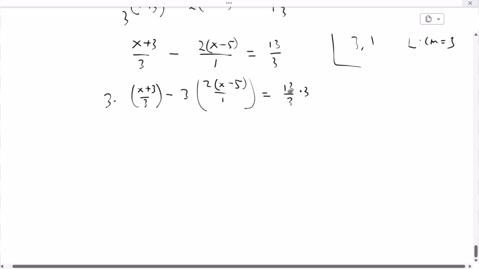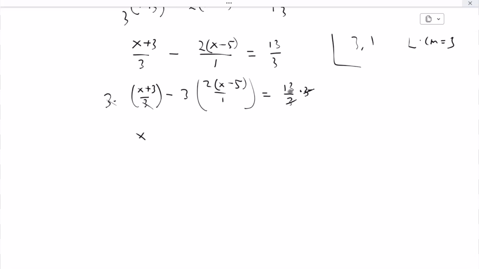And these terms can cancel out. We are going to have x plus 3 minus 3 multiplying 2 multiplying x minus 5 to be equal to 13.